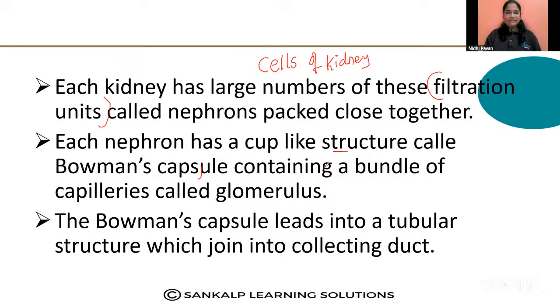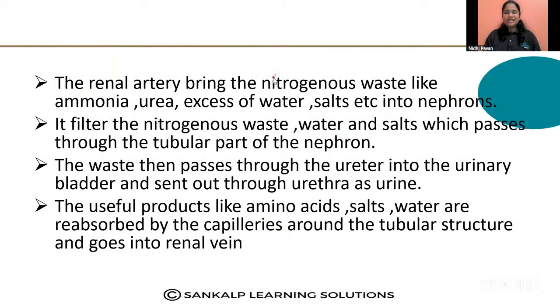Okay, then the renal artery. There is a renal artery. It brings nitrogenous waste like ammonia, urea, excess water, salts, etc. into the nephron.